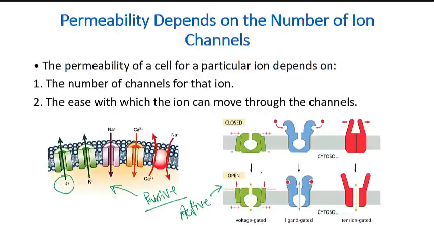Now this permeability can be changed rapidly when they are gated, or by any means of gating. For example, they can be voltage gated, or ligand gated, or stress response channels. The permeability of a cell for a given ion increases when gated channels for that ion open. This is the mechanism used by the nervous system to produce rapid change in the membrane permeability.